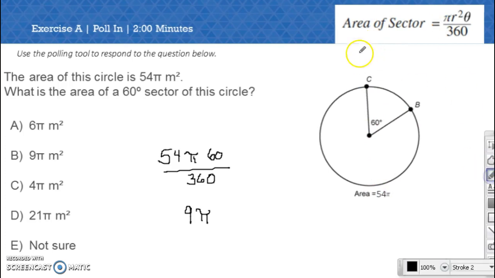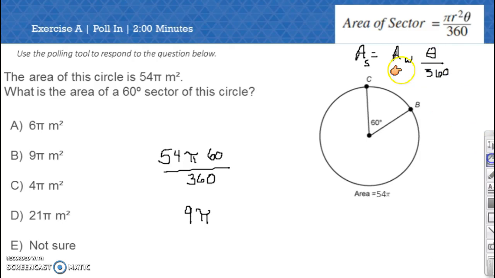Remember, this formula says the area of the sector is equal to the area of the whole, which I'm just going to abbreviate, times whatever percentage that is, because the area of the whole is pi r squared. Here they've given us the area of the whole as 54 pi, so I've plugged that in: 54 pi times 60 over 360.